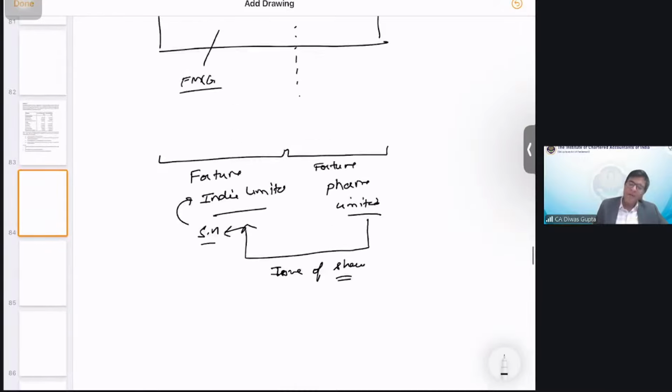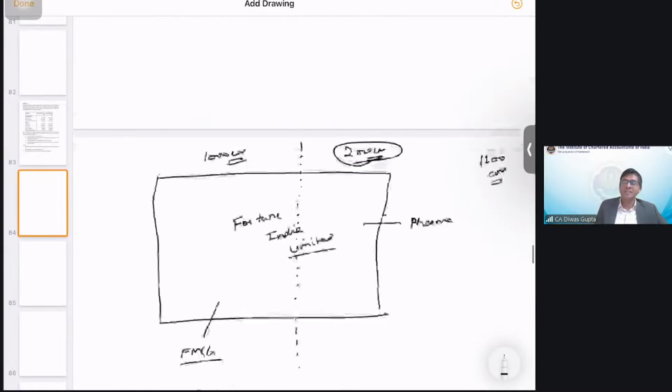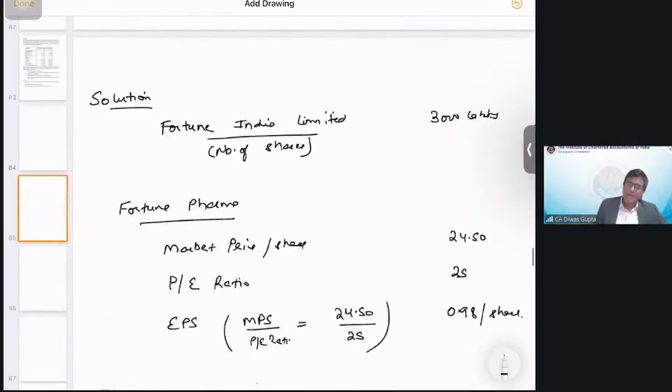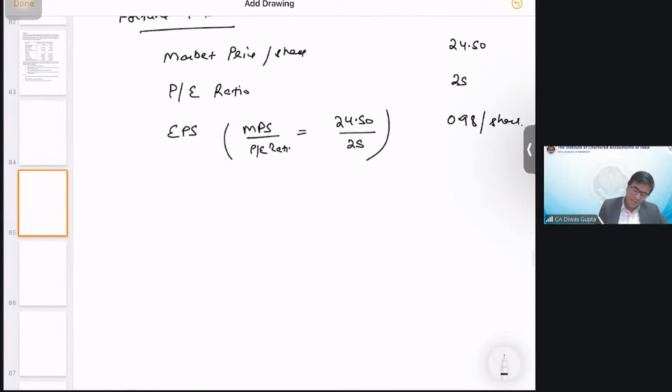Now, if 0.98 per share is the earnings per share and their overall profitability is 1470, right? Can we calculate the number of shares? The answer is yes. By dividing them, profits for Fortune Pharma, 1470 lakhs, right?